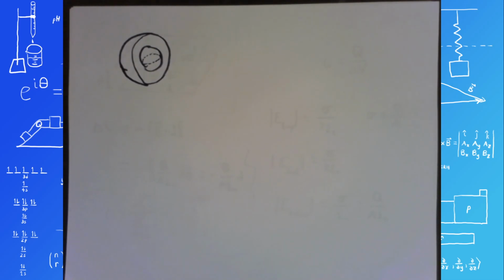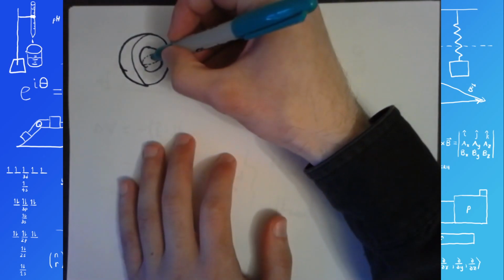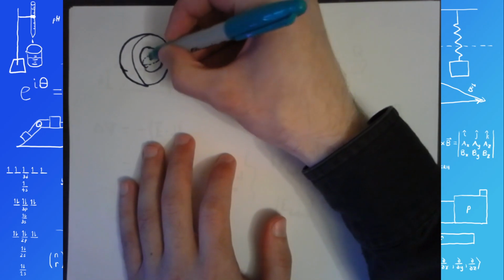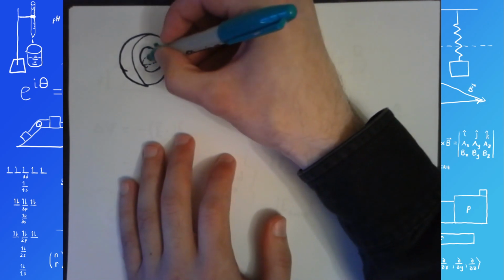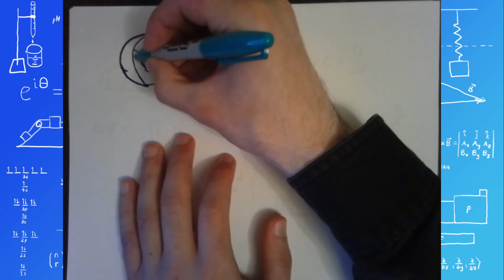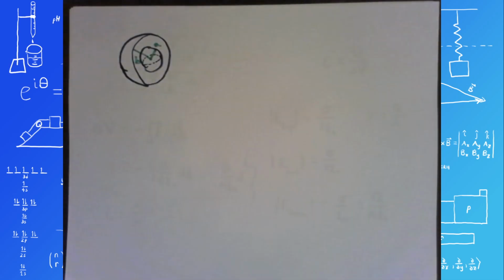Capacitors have to be conductors. And I'll give this one a radius of A, and then the outer sphere will have a radius of B. And let's figure out how the capacitance works out for something like this.